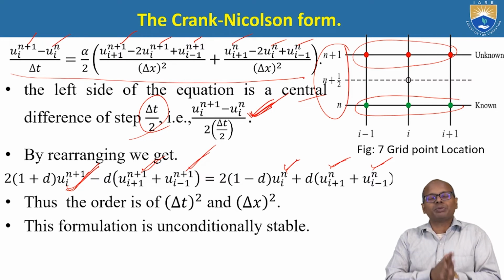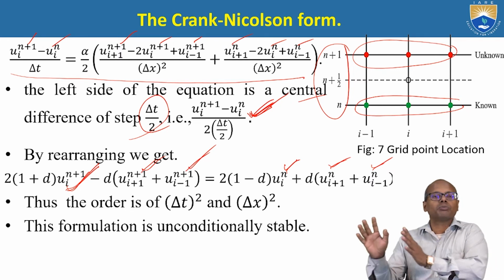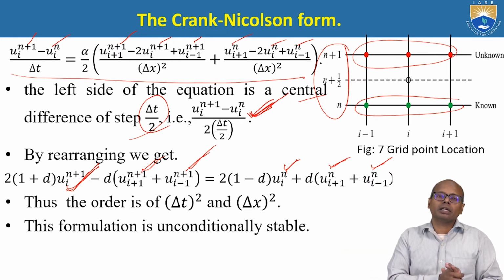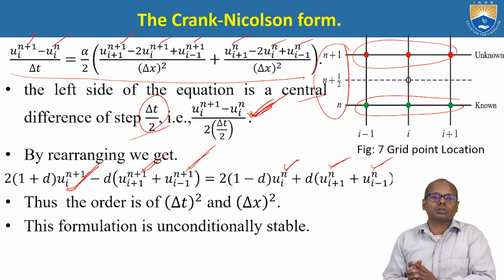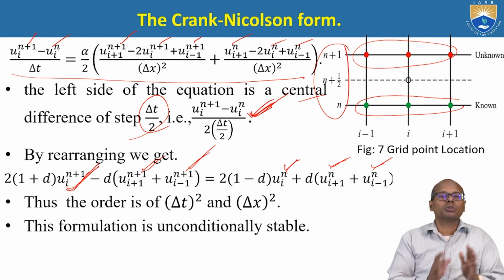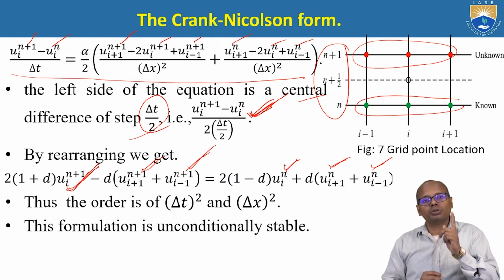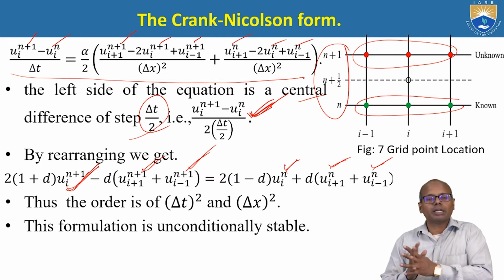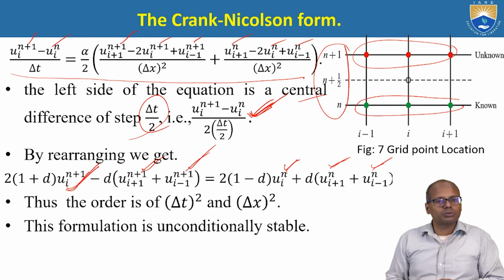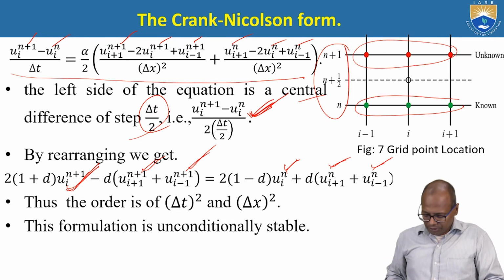In an explicit scheme we find only one unknown at a time using more known terms, and in an implicit scheme we use one or more known values and find more than one unknown in each finite difference equation. In an explicit scheme it is very simple, one node at a time we can calculate. But in an implicit scheme, for all the nodes we have to formulate the finite difference equation, and we have to solve all the equations simultaneously. So that is the difference.